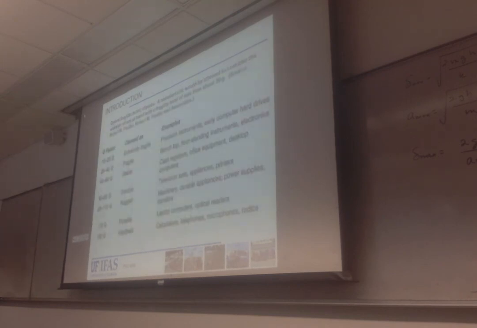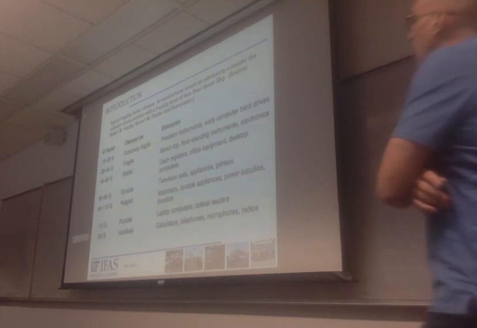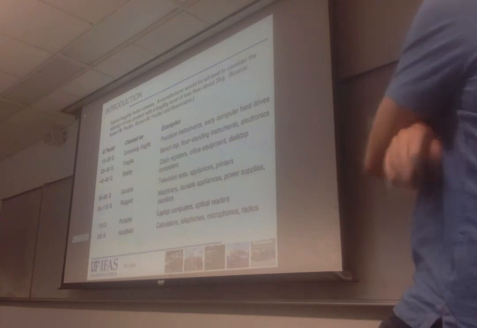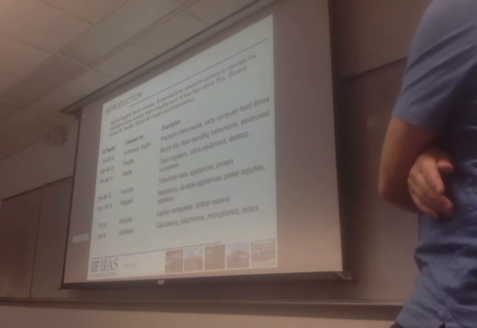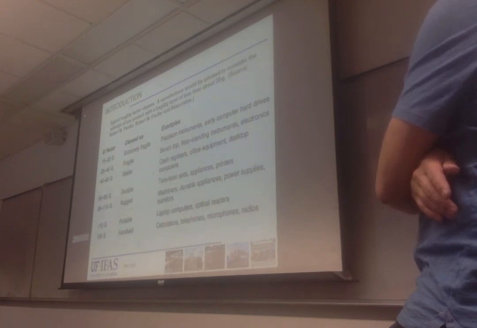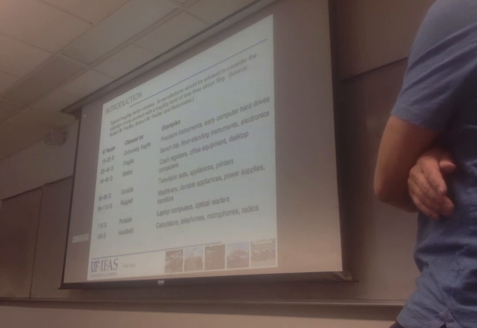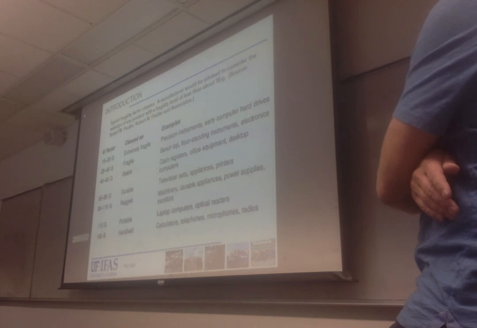So what kind of fragility do objects typically have? This is a table, and again, you don't have to remember these, okay? But you get an idea about what type of maximum acceleration many appliances or objects will have in the distribution environment.